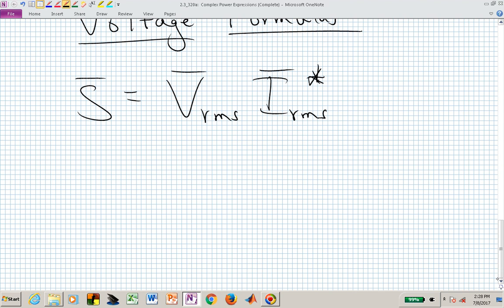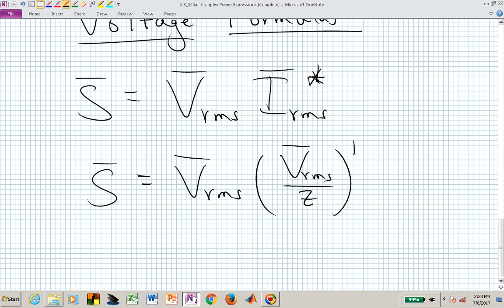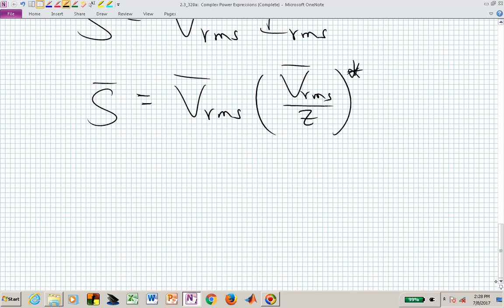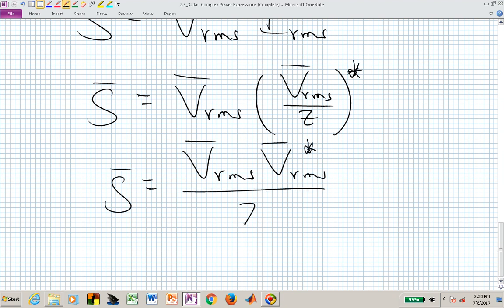So now we have to replace the current with a voltage formula, and the current is just V RMS over the impedance, but we need to conjugate that, so that now we have the complex power written in terms of voltages as V RMS times V RMS conjugate all over the conjugate of the impedance.